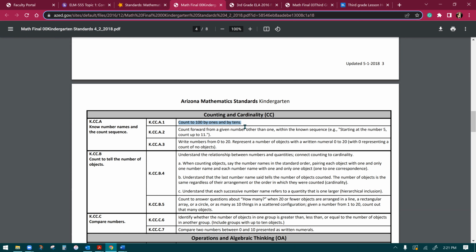Well, while that sounds like it's pretty well aligned, when you ask them to write numbers, you now need this standard as well. And when you ask them to count objects, you now need one of these standards down here too, count to answer questions about how many.